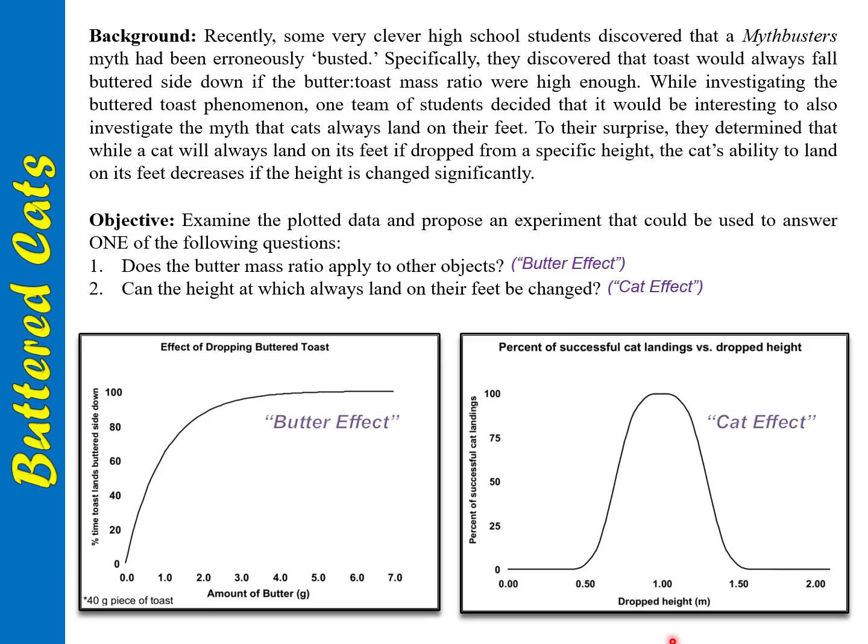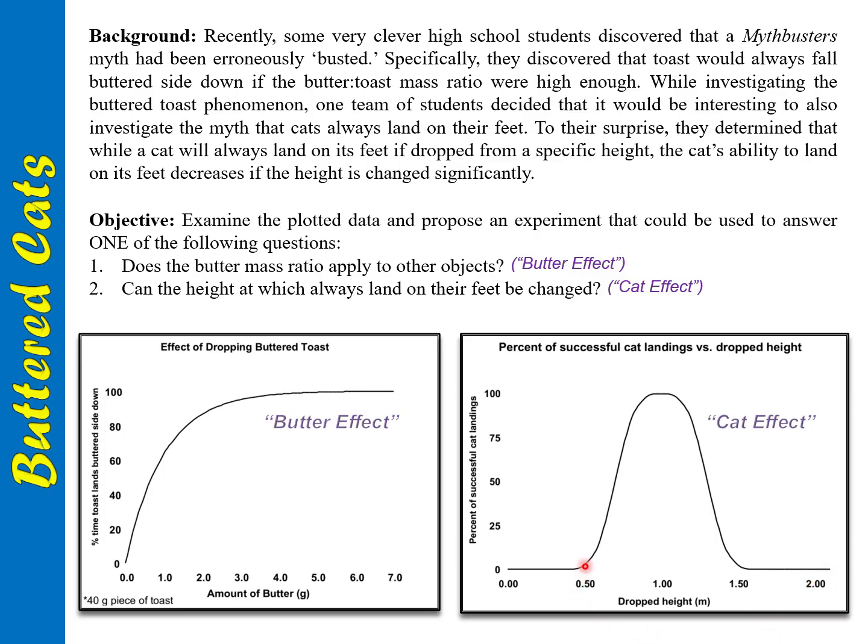And then the cat effect says that it doesn't matter what orientation you're holding the cat, if you drop the cat from 1 meter up, it will land on its feet 100% of the time. If you change that height to more than 1.5 meters above the ground, the cat never lands on its feet.